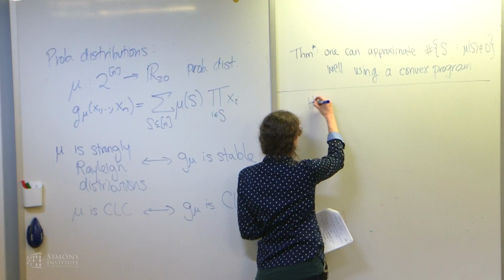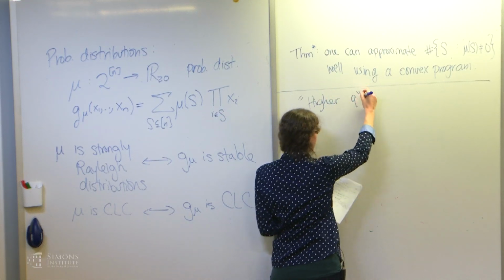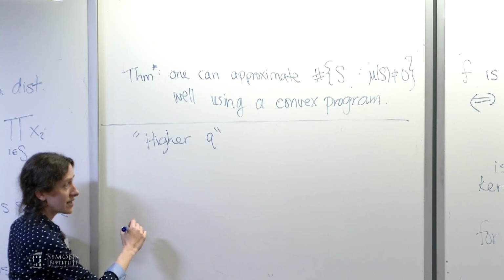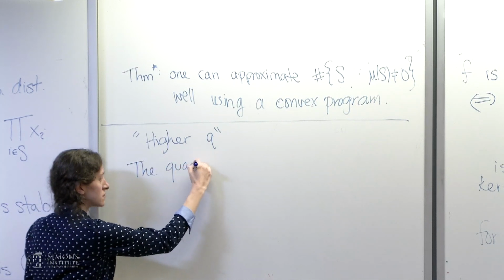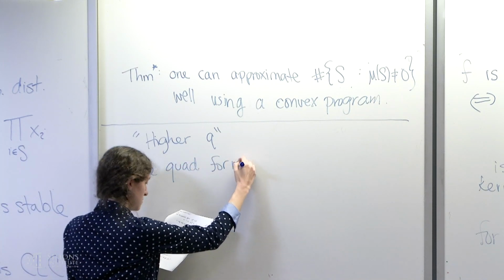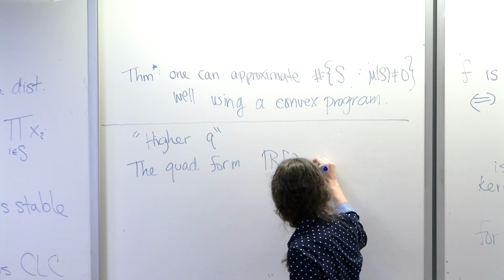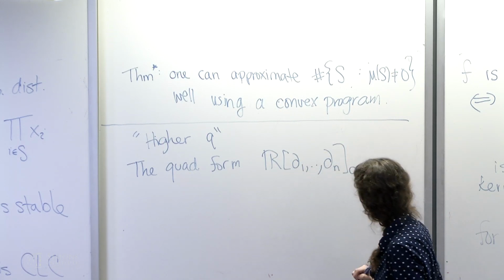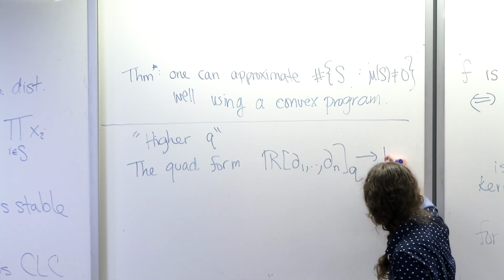So the question: we might instead consider the condition that the quadratic form that eats a polynomial differential operator, homogeneous of degree q, spits out a real number.